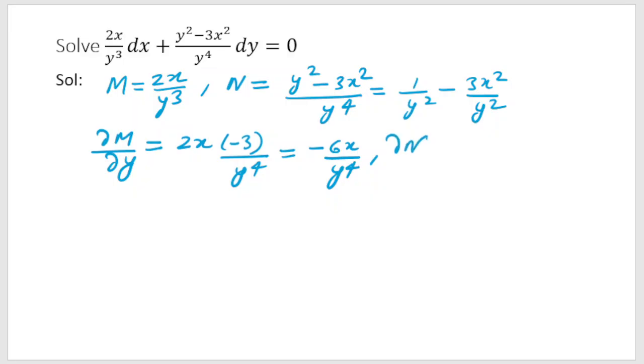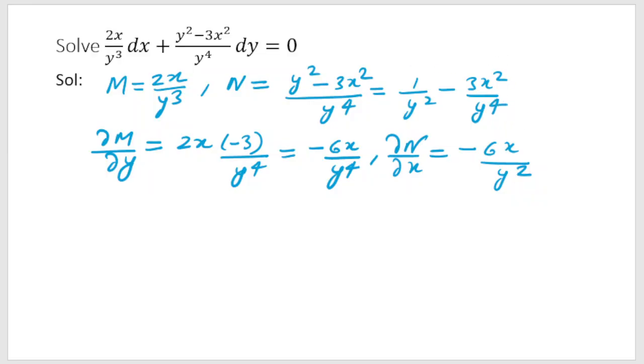And what is del N by del x? So minus 3x square will give me minus 6x by y square. Yes or no? I think there is some mistake I have made, because they should be equal. Yeah, I have made a mistake, which you can see. The mistake is that I should be writing y to the power 4 here.